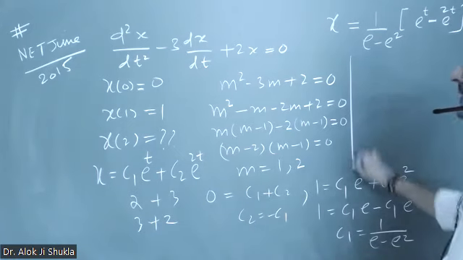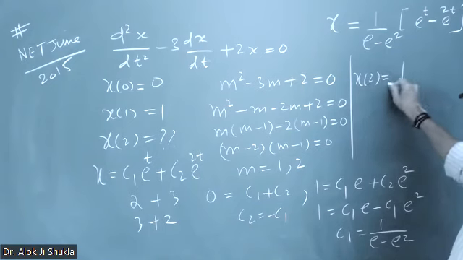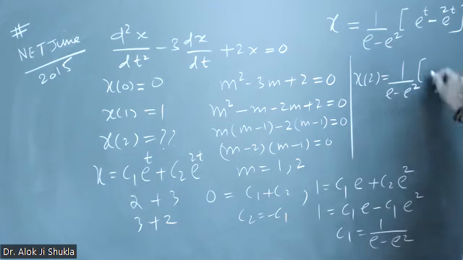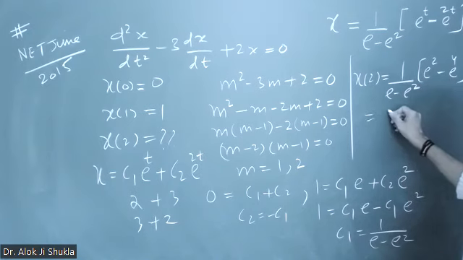So x of 2 will be 1 upon e minus e square, and e2 minus e4. Now you just take e square common.